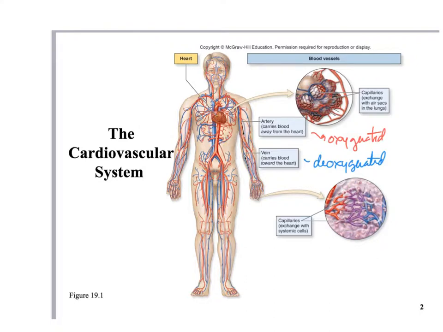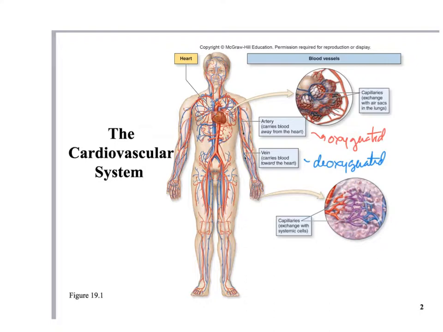And the other part where most of the physiology of the cardiovascular system happens is in the capillaries, right? These are small, thin-walled tubes where exchange occurs in tissues. All right, so where exchange occurs with systemic cells and also within the lungs.